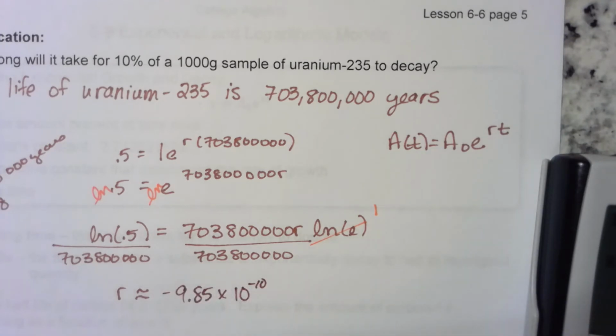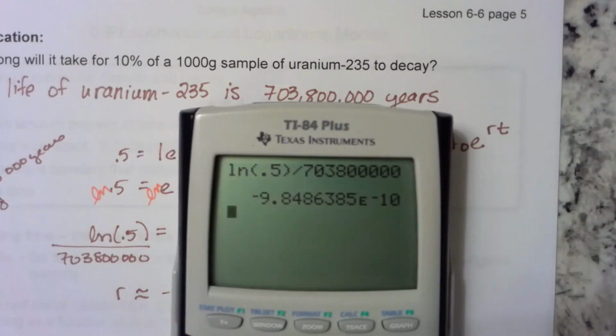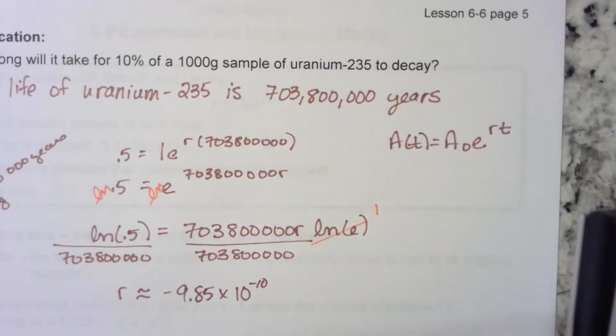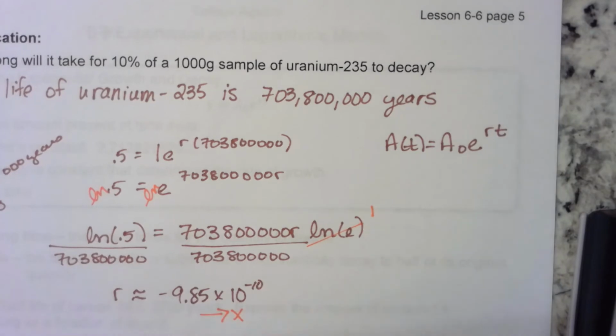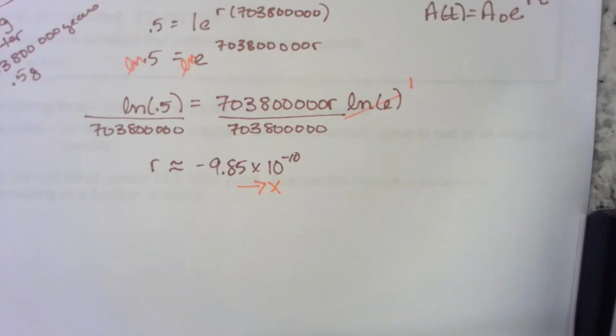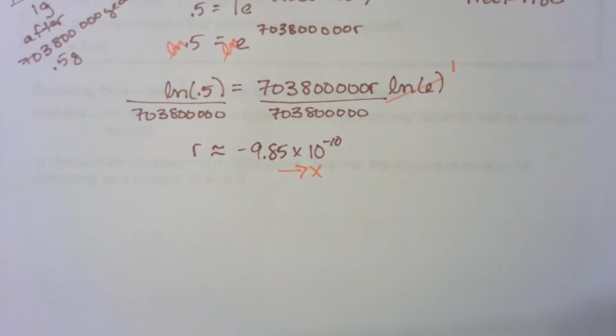So I just wrote it down so that I know what it is, but in my calculator, I'm going to store that in x. That way I'm not rounding anything until I get to the end. I'm just going to make a little note that I stored that in x. Now we know what our r is. Our r is that very special x that we just stored in our calculator.